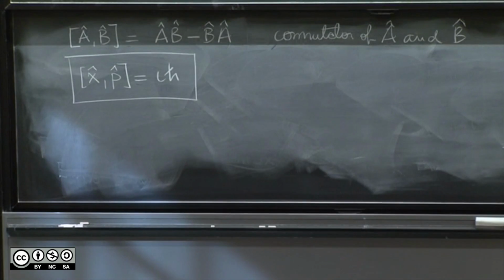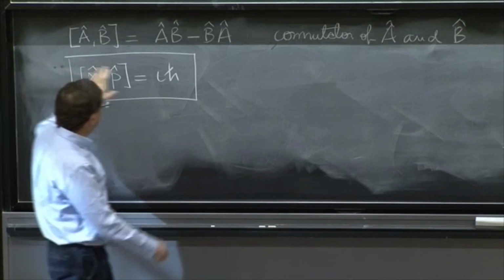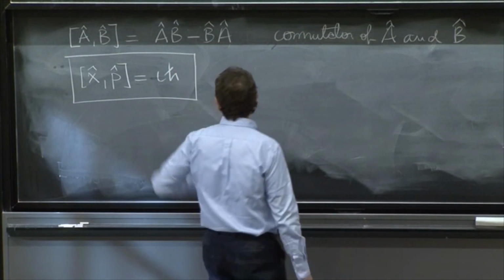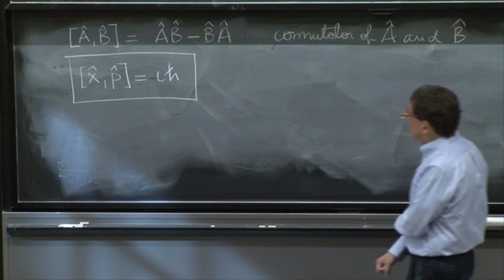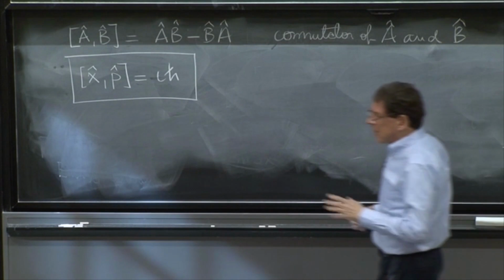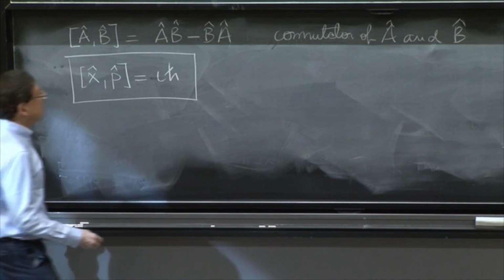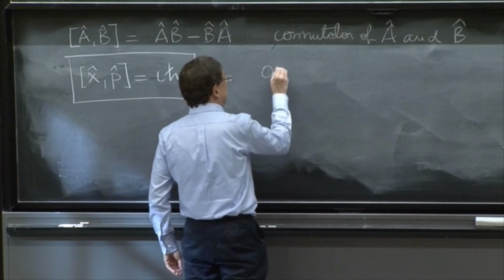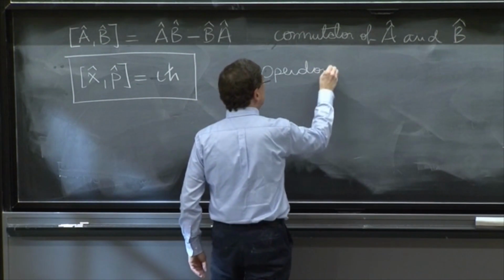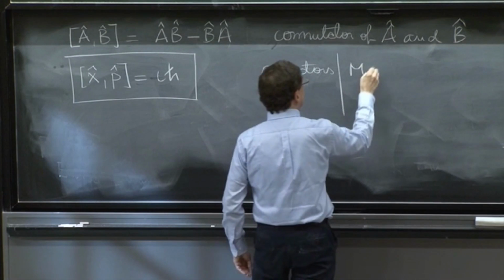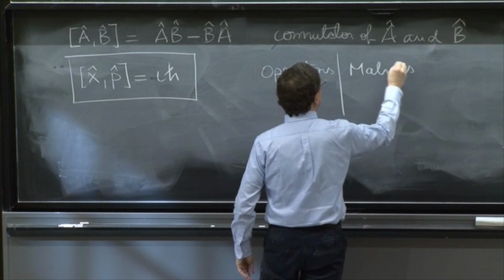This is very important. It's the beginning of the uncertainty principle, the matrix formulation of quantum mechanics, and all those things. I want to just tabulate the information of matrices. We have an analog. So we have operators, and we think of them as matrices.